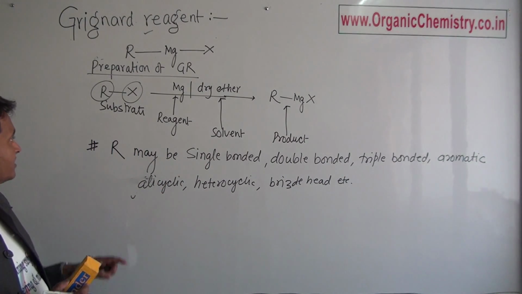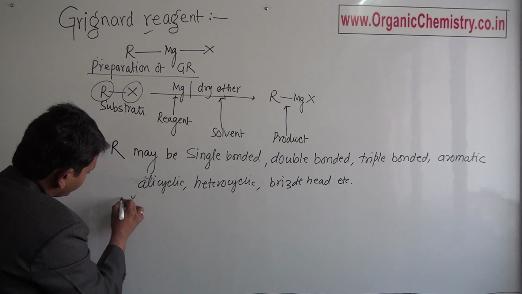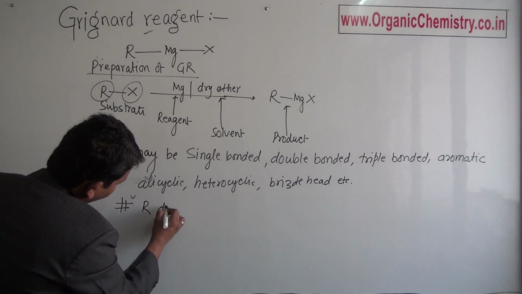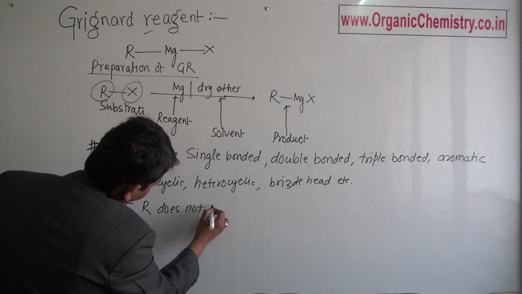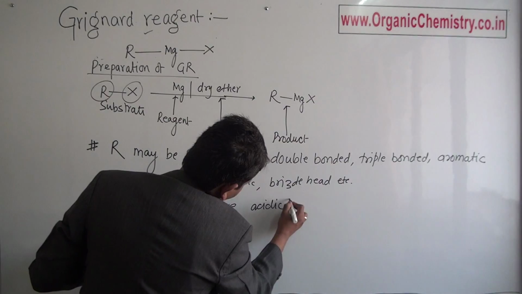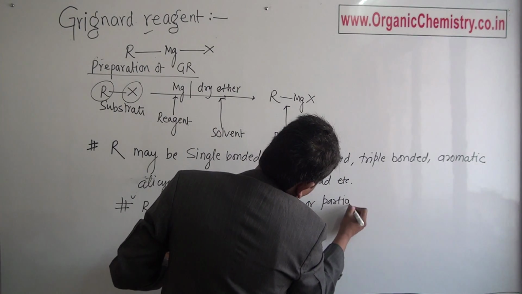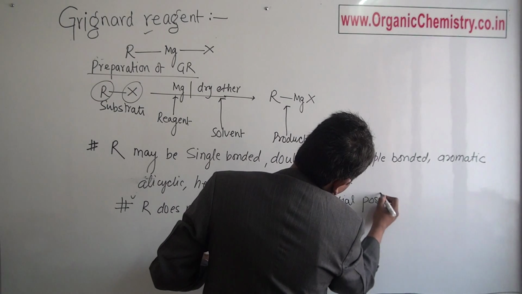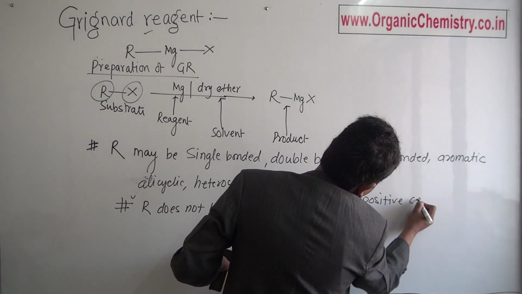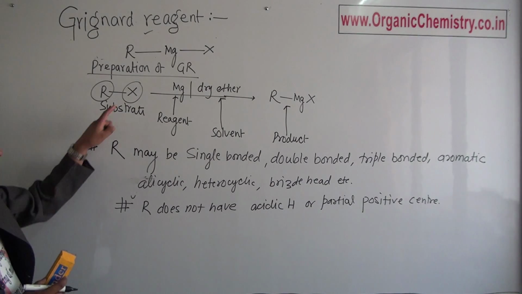But the important part is this: R does not have acidic hydrogen or a partial positive center.